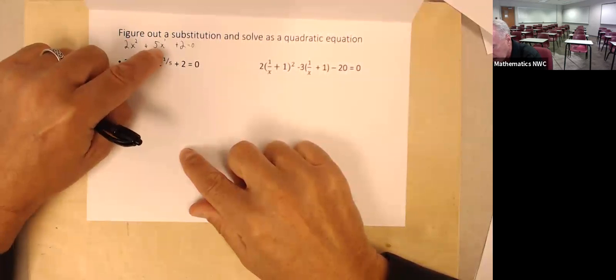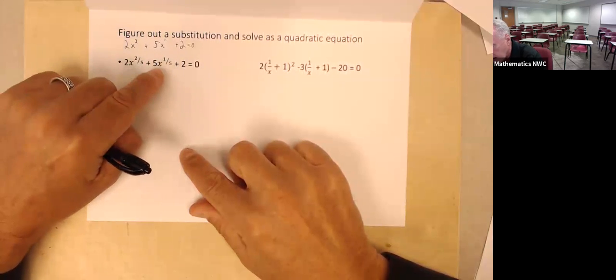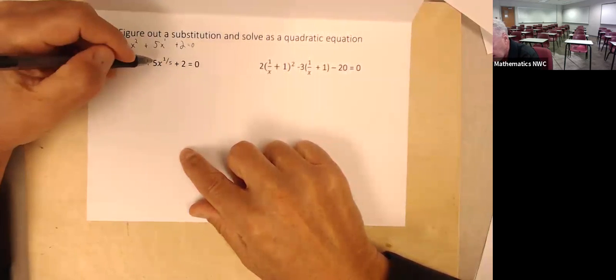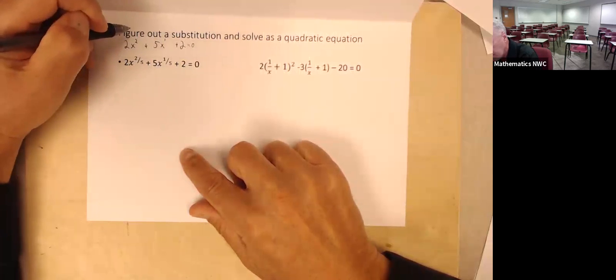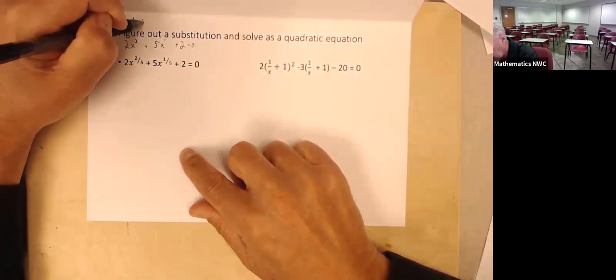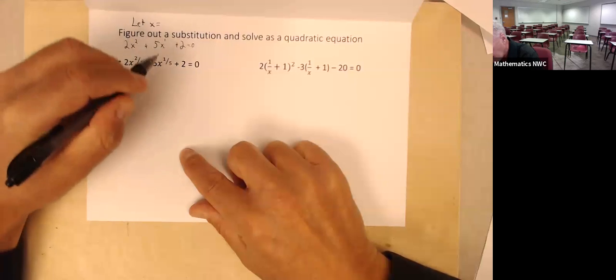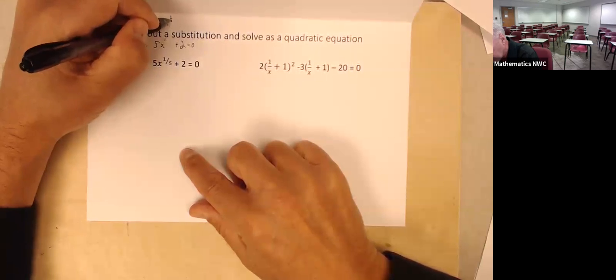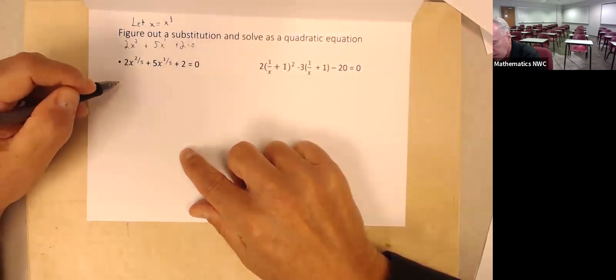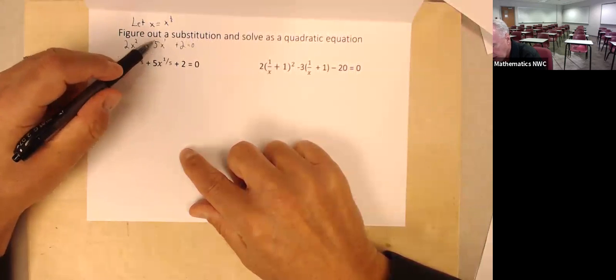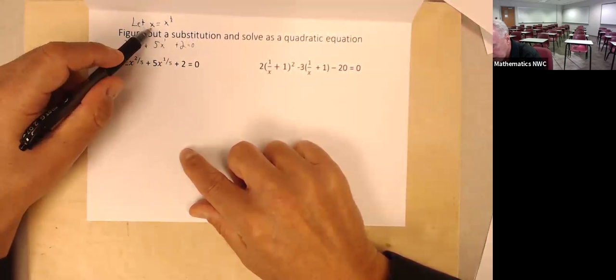Well, the easiest one is to look at the x here to the first. They have x to the 1/5. So this really is like letting that x, I can write that up here. I'm going to let my x equal x to the 1/5. Okay, so this x to the 1/5, I'm going to let be x.